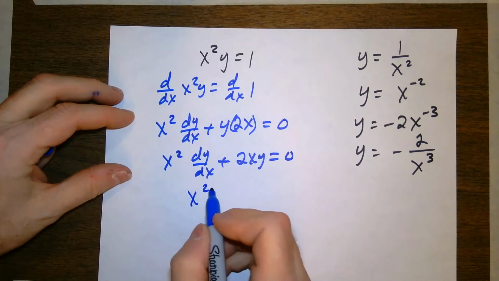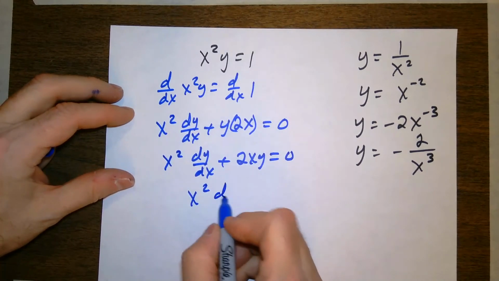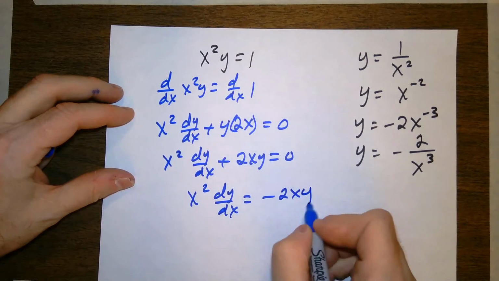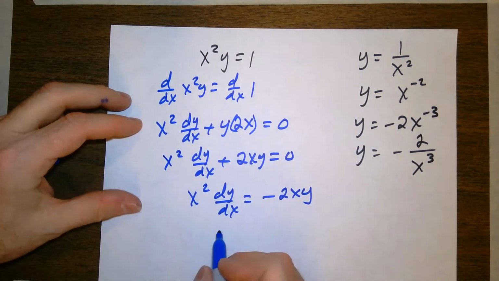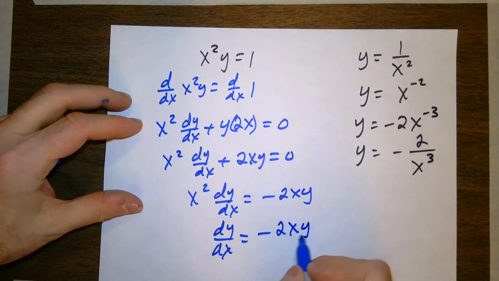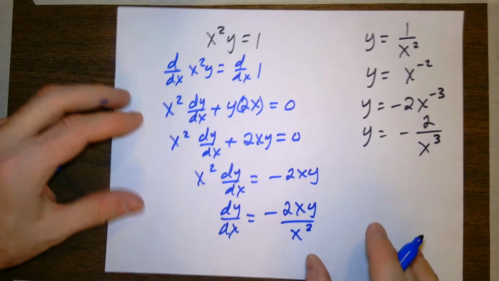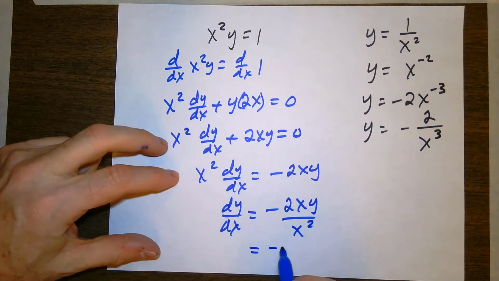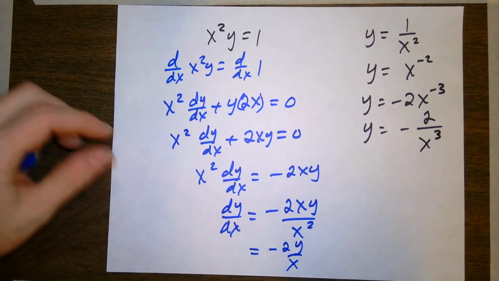Subtract, x squared dy/dx equals negative 2xy. Divide both sides. dy/dx equals negative 2xy over x squared. So the derivative is negative 2y over x.